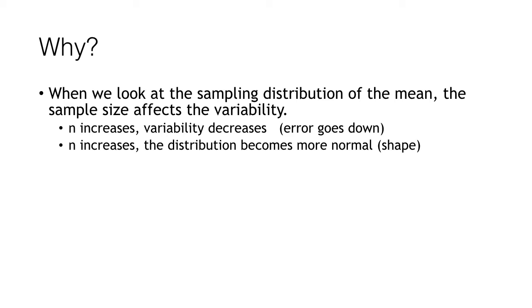It also means that as the sample size, n, increases, the distribution of the sample means becomes more and more like a normal distribution in shape, even if the population distribution wasn't necessarily normal.